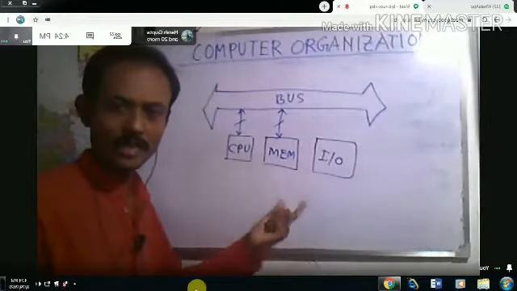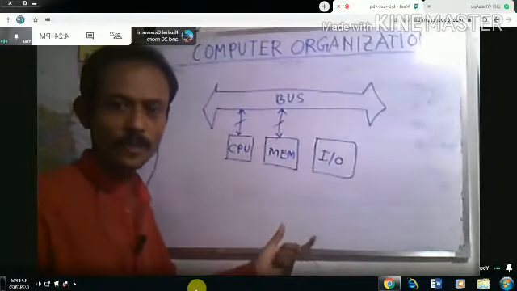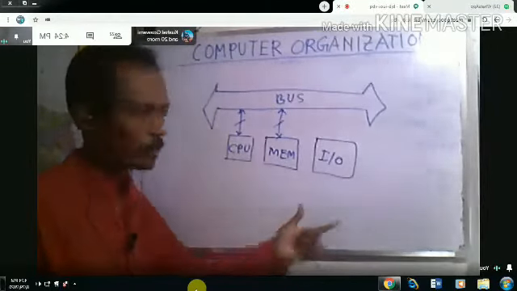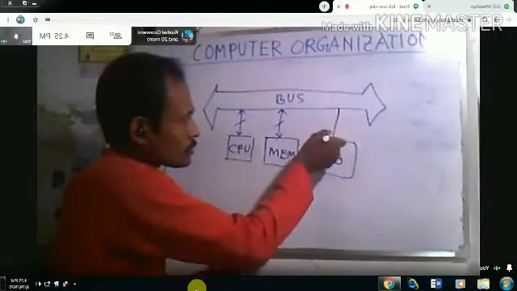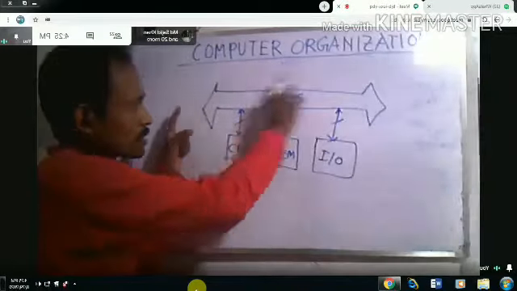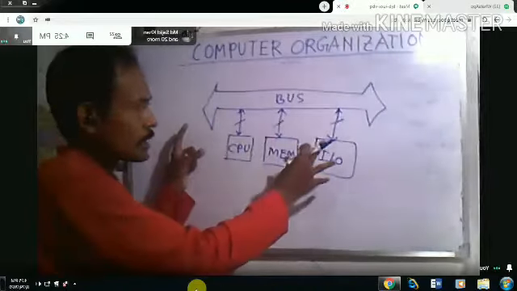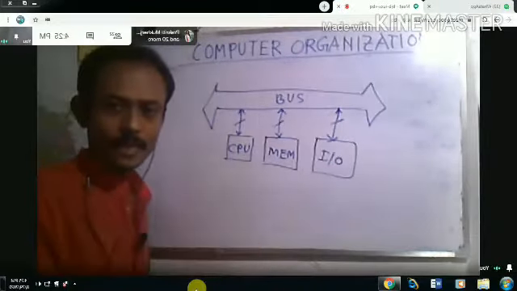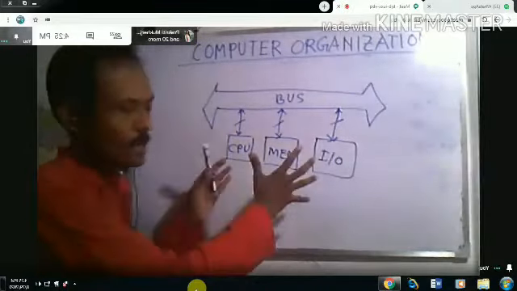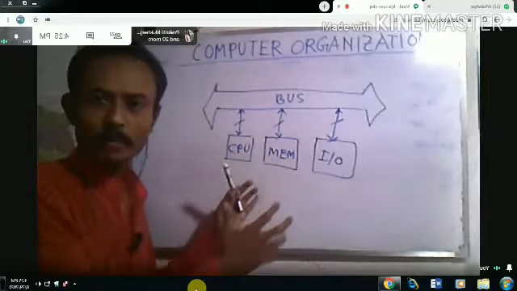Keyboard, printer, monitor, display units are all input output components, and they are also connected with this bus. So this is the common bus through which these three important components are connected, and this is the simplified diagram of a computer system.